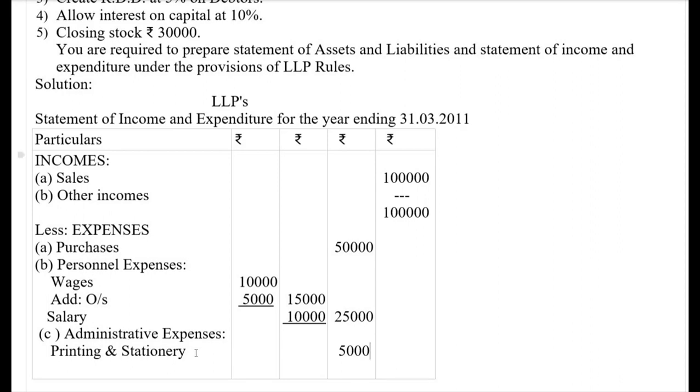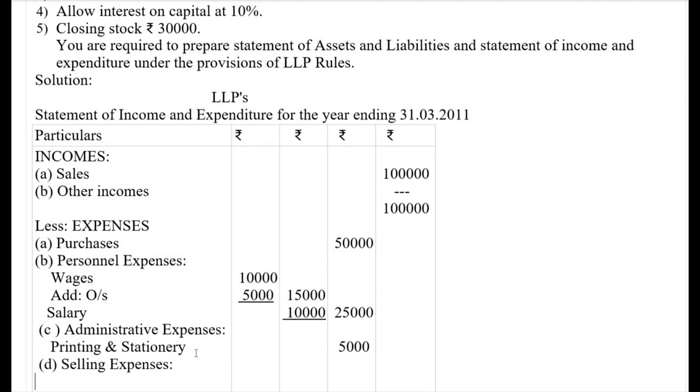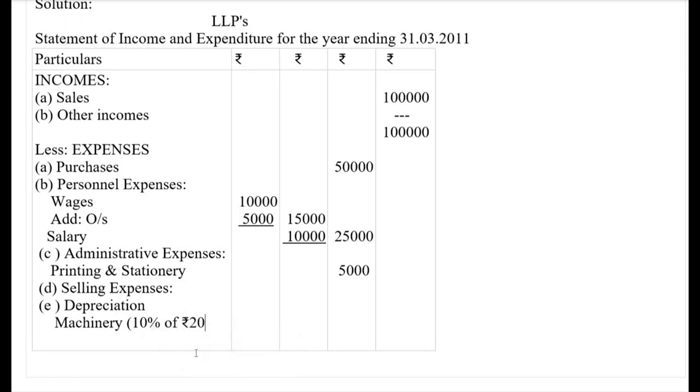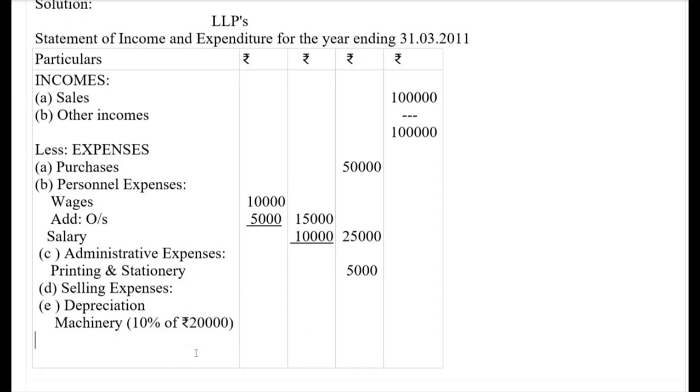Then the next one comes here, selling. In this problem there are no selling expenses. Then next, E, depreciation. So depreciation on machinery. The rate of depreciation is 10% here. So 10% of rupees 20,000 comes to rupees 2,000. Then similarly, furniture, that is also 10%.